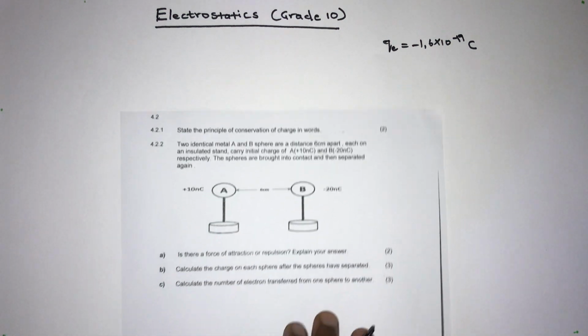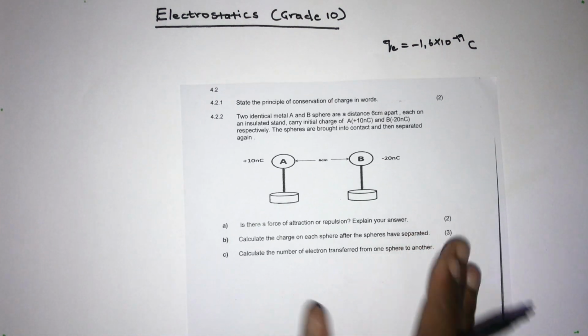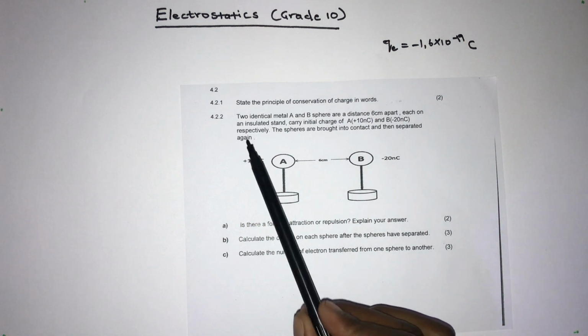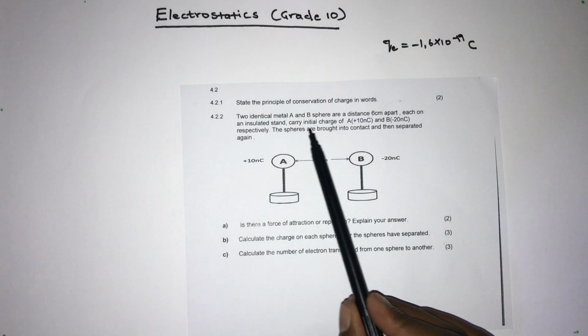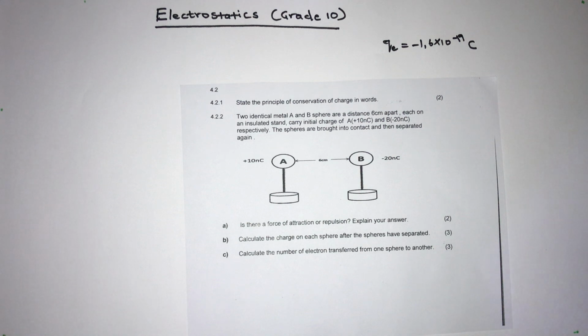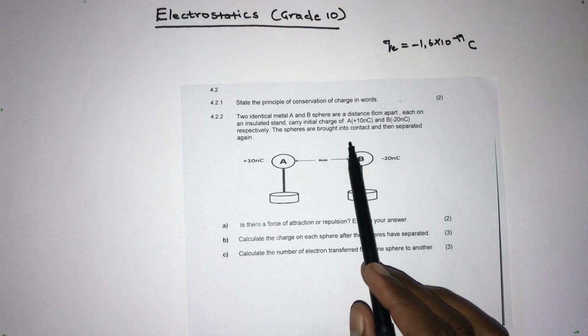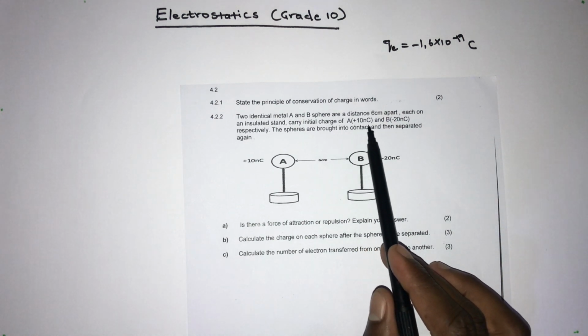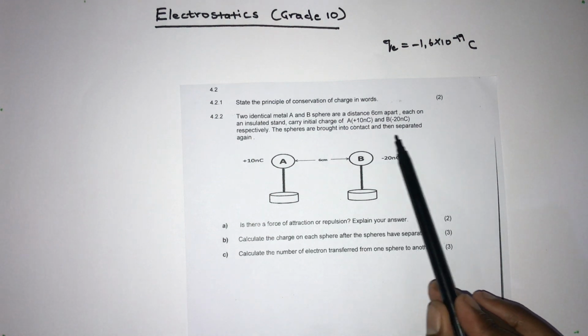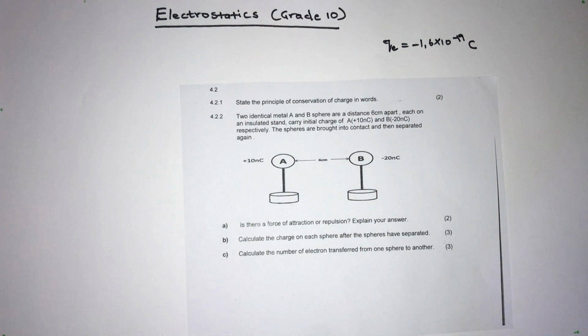So we can just move to the next question. Two identical metal spheres A and B, a distance of 6 centimeters apart, each on an isolated stand, carry initial charges of A positive 10 nanocoulomb and B negative 20 nanocoulomb respectively. The spheres are brought into contact and then separated again.